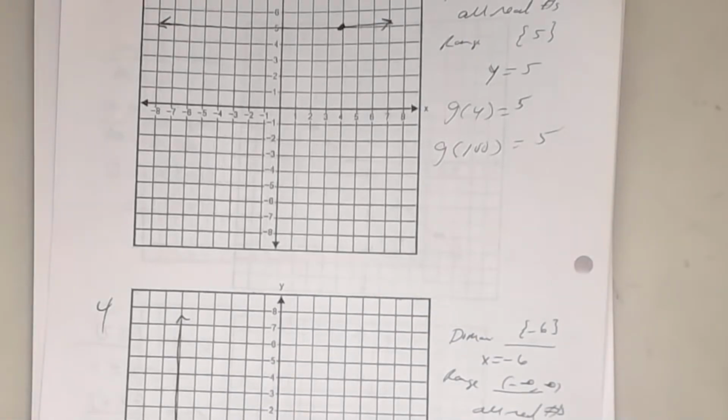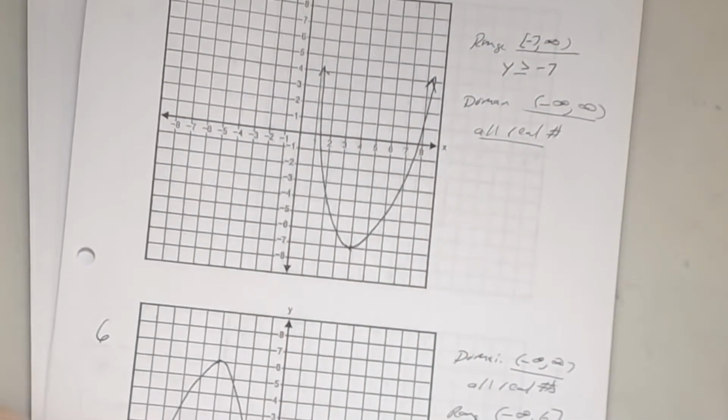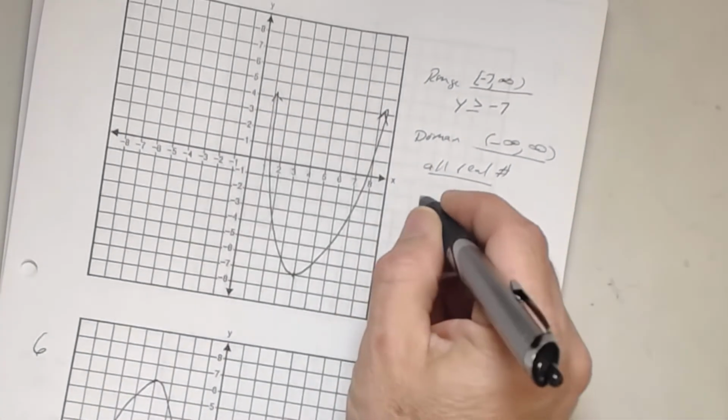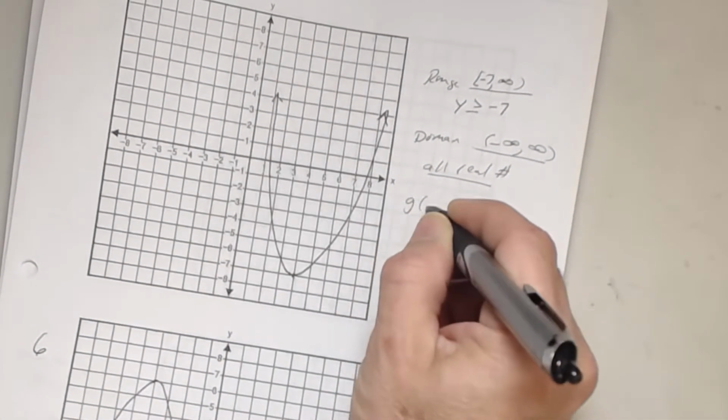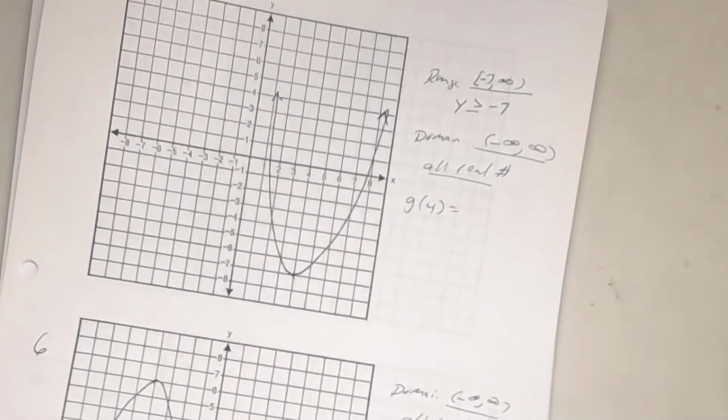Is number 4 a function? No, so I can't talk about functions here. All right, go to number 5. Is number 5 a function? Yes. So let's see if I can do one there. All right, let's find g of -4. What do you think g of -4 is? -7. In fact, that's your vertex.